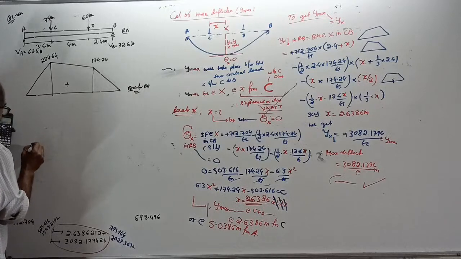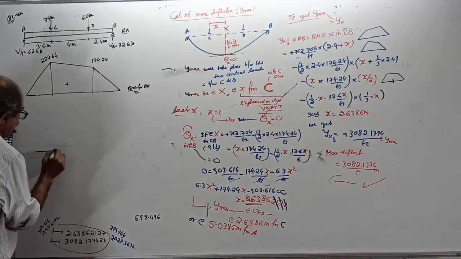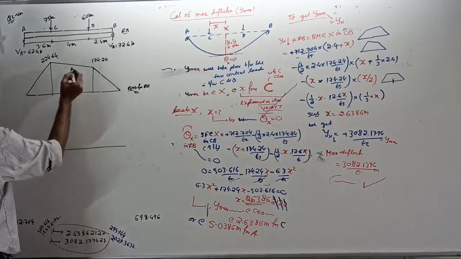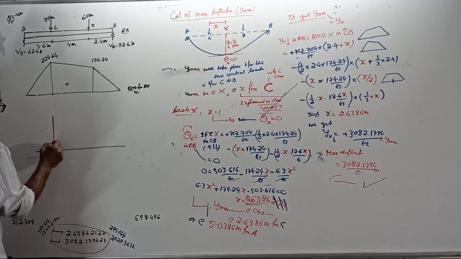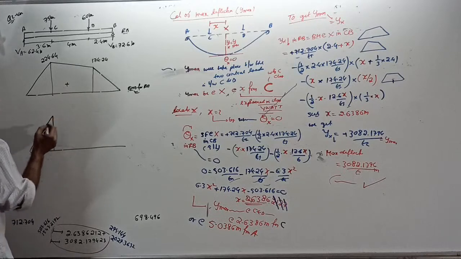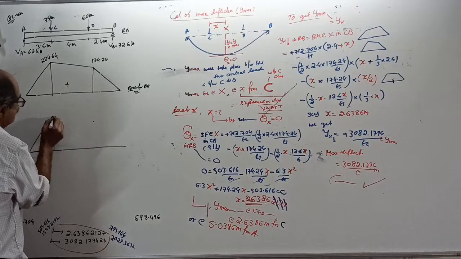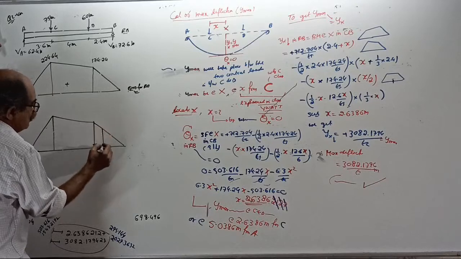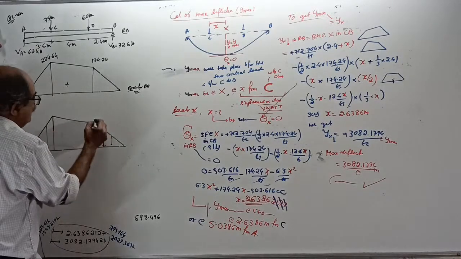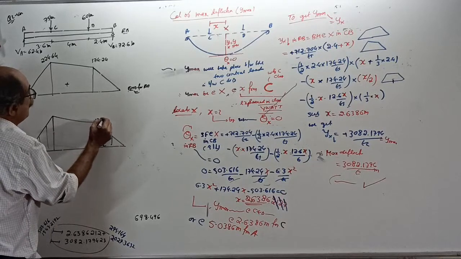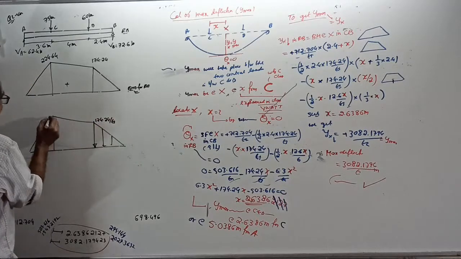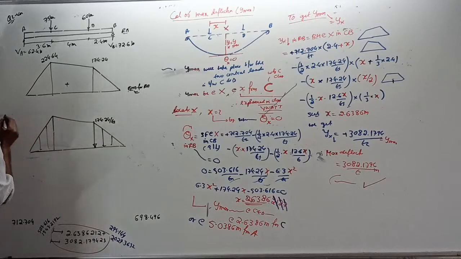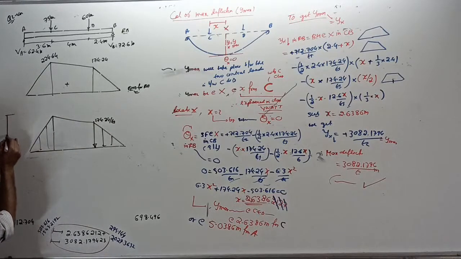Draw the BM by EI diagram. Okay, start. This will be a triangle here. BM by EI will come this way. Here lesser, then this way. Now this is the downward load, this later. This ordinate is 174.24 by EI. This full ordinate, I will project and write here, is 224.64 by EI.